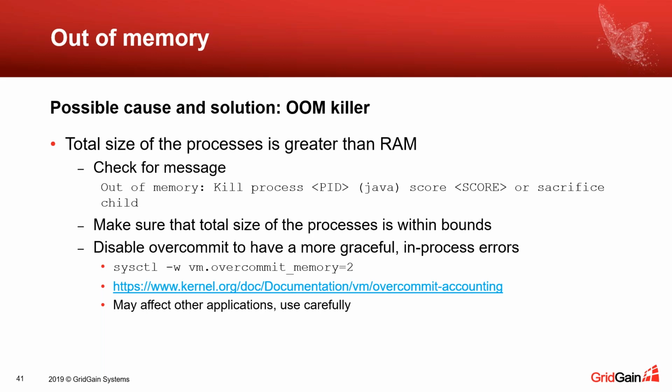When the system starts to run out of memory, the operating system itself, the kernel itself, might have to decide between just crashing the whole system and freeing some memory by killing some of the processes that consume it. And of course, usually the operating system would choose the second.